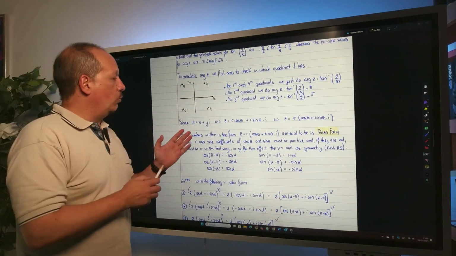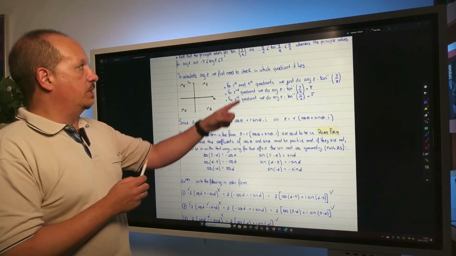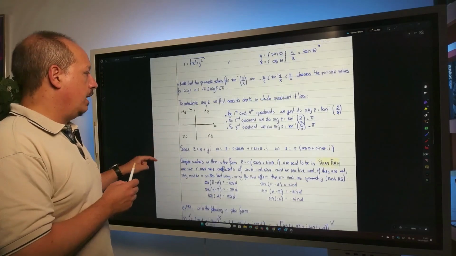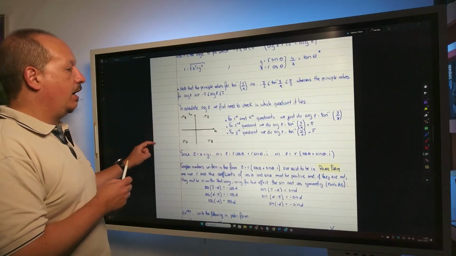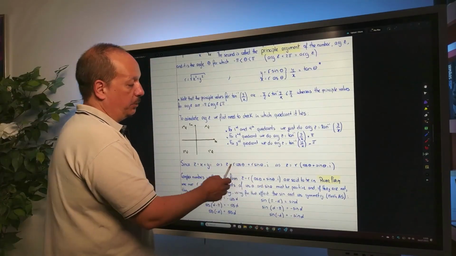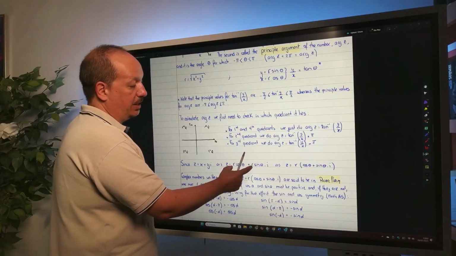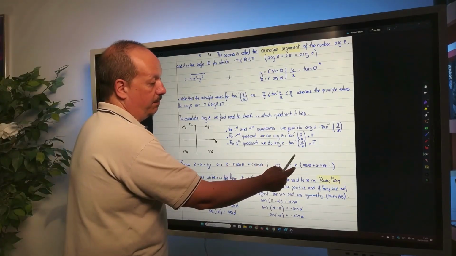We now know how to express z in another way. x is going to be r cosine of theta, as we saw before, and y is going to be r sine of theta. So we can go ahead and write this. But we have here two terms with one common part, which is r, which you can factorize. Okay?